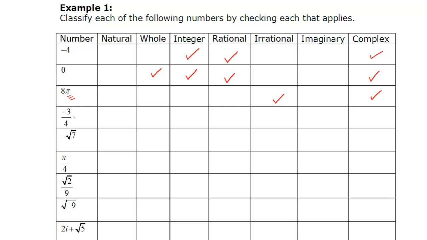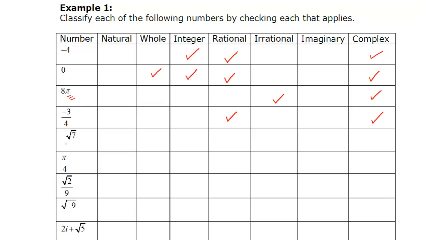So -3/4 then, not a counting number, not 0 or a counting number. It's negative, so a lot of people do tick this one, but remember the integers are positive and negative whole numbers, not fractions, not decimals. The first time we saw fractions was rational. So it's rational, which means it can't be irrational. There's no i, so it's not imaginary, and it's always complex.